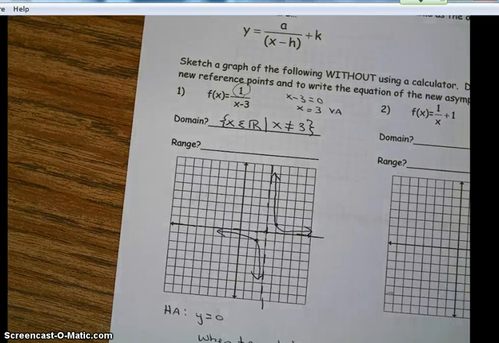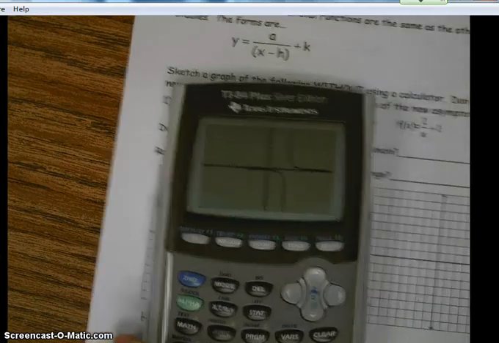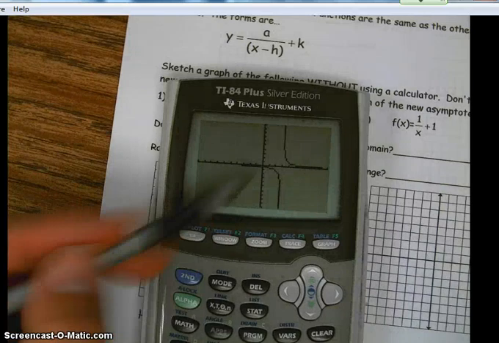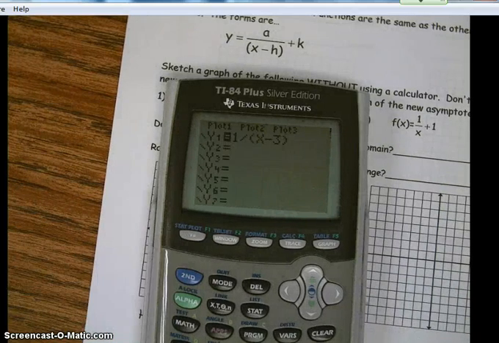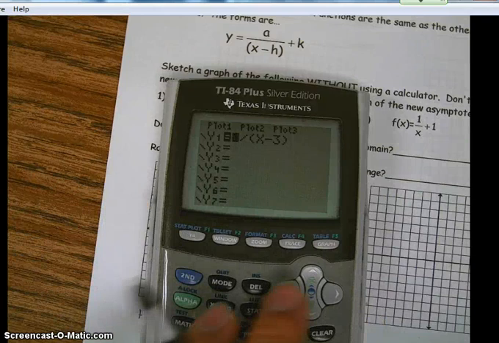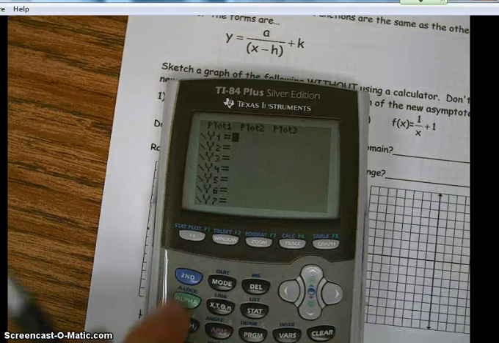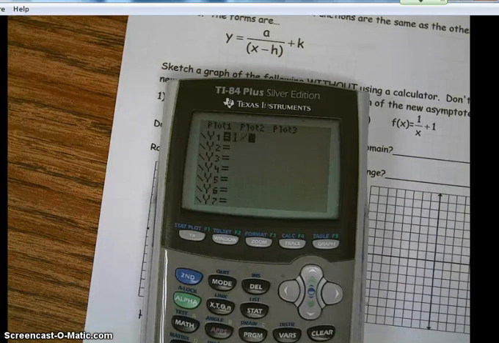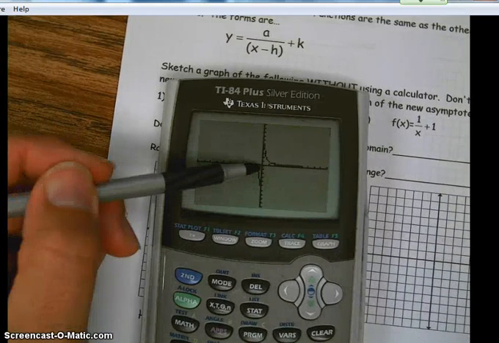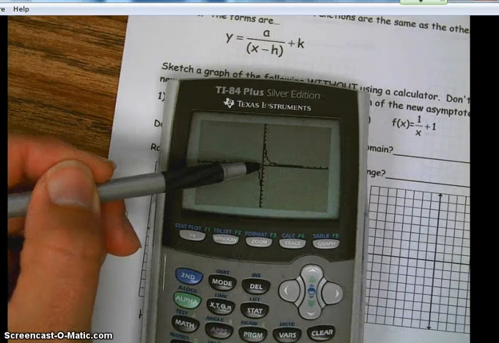Now, here's what it looks like on my calculator when I plug it in. That's what a rational function looks like. I plugged in 1 over x minus 3. Now, the parent is going to be 1 over x. So, graphing that, notice 0, 0 is our starting point.